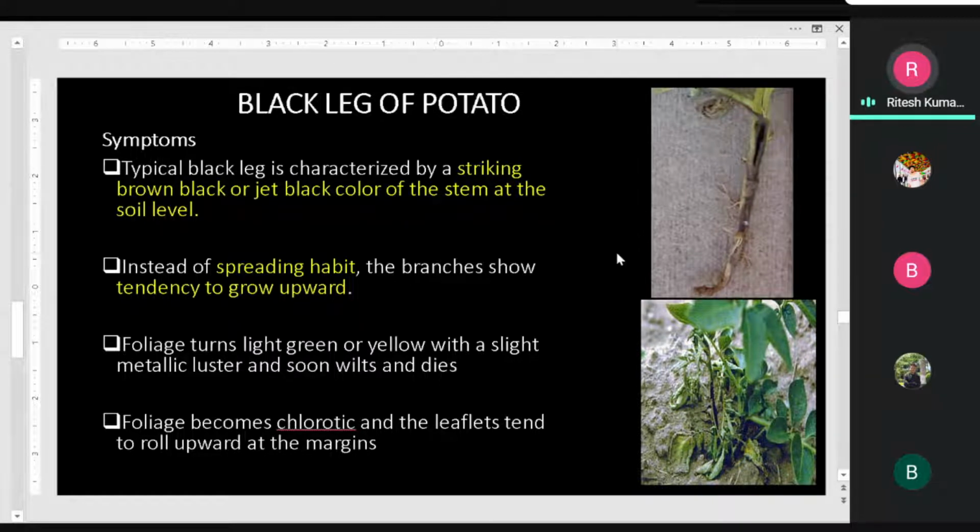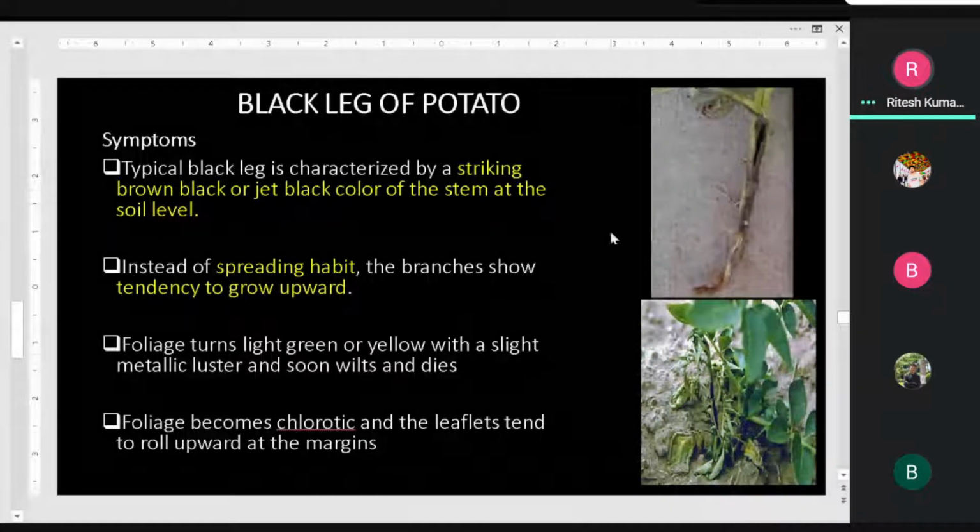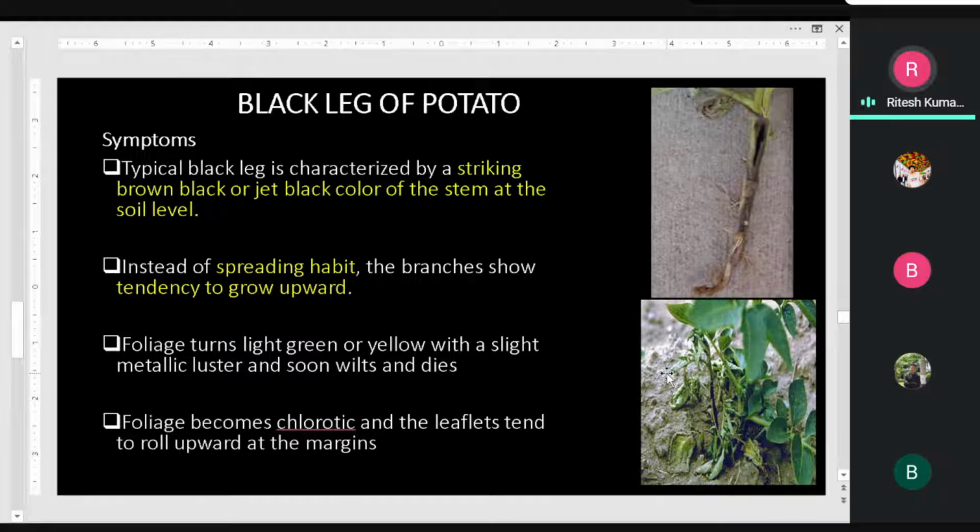Black to brown areas on the stem near the soil line are seen, and they may cause the plant to wilt and lose its green color, and there may also be rolling of the leaves. So these symptoms may be seen. These are two phases.